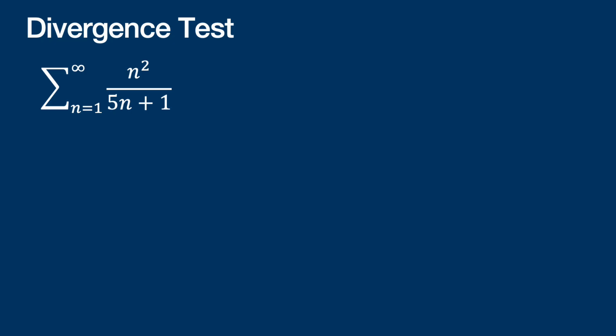Here is the divergence test. You're going to use the divergence test first to determine whether a series converges or diverges. So first you have to find a_n. What is the sequence? This one is the sequence. So a_n is going to be n squared over 5n plus 1.